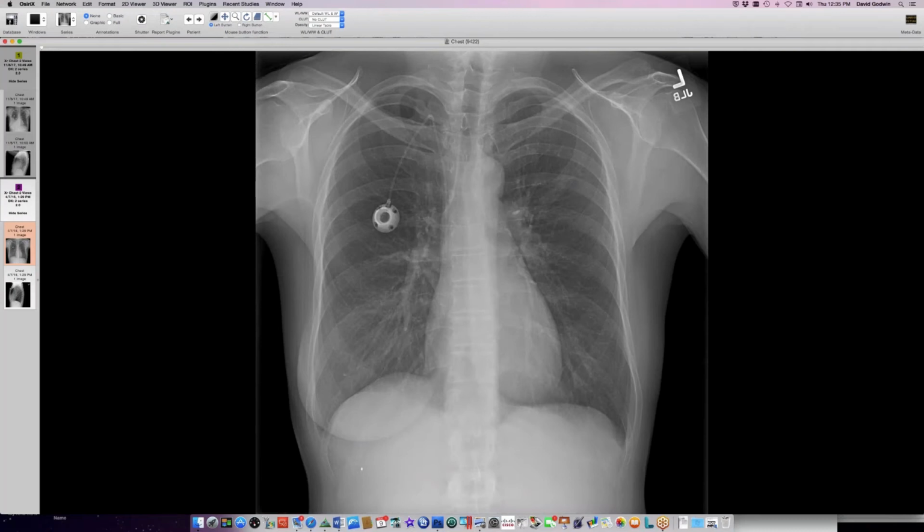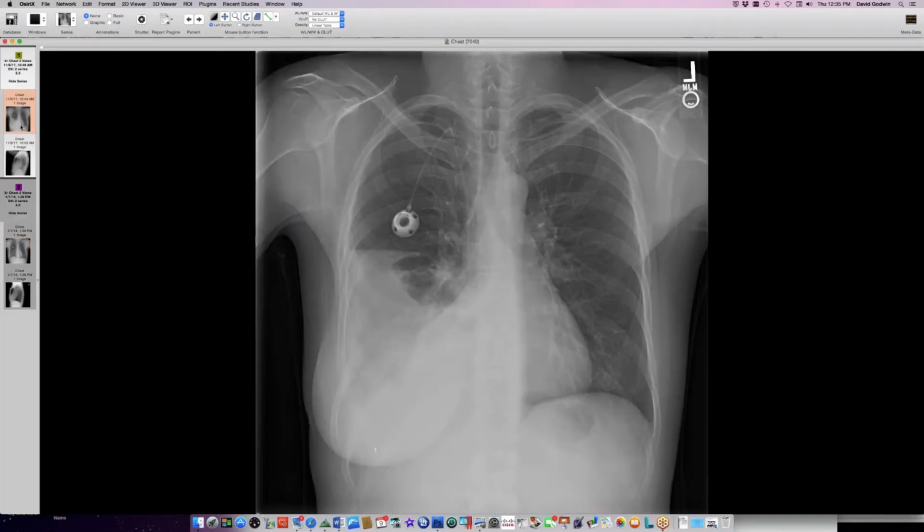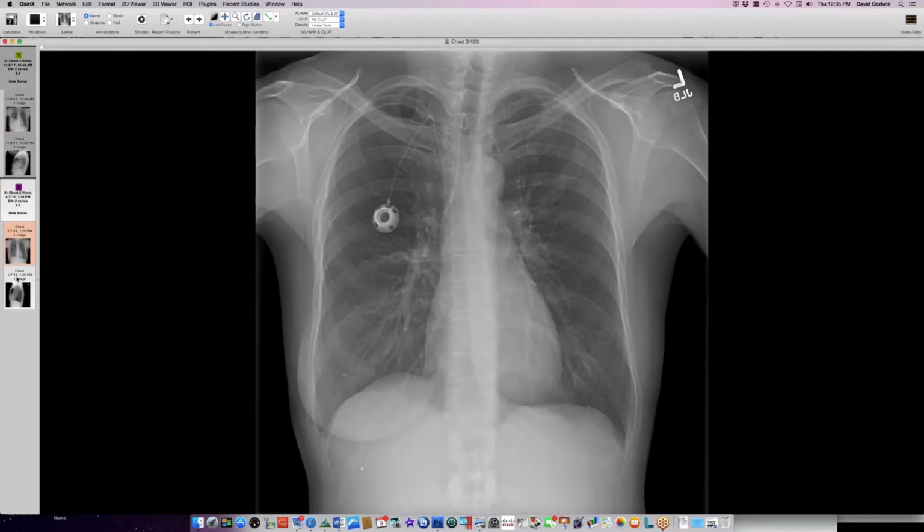Let's see. Here is another person who has a port catheter. Let me show you what happened subsequently to this person. Okay, so this is an initial radiograph on this person from 2016, showing a normal position of the right hemidiaphragm. This person has hepatocellular carcinoma, has a port catheter in place.